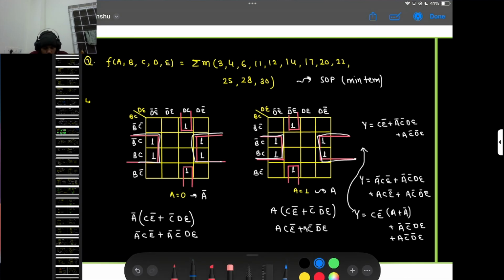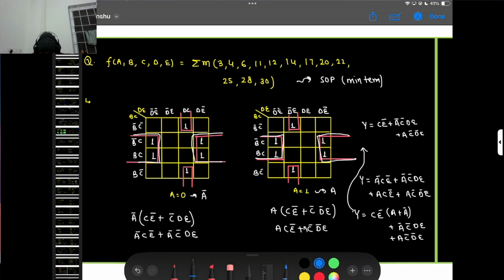Here is my function of A B C D E, summation of m equal to 3, 4, 6, 11, 12, 14, 17, 20, 22, 25, 28, 30. So SOP is basically sum of product of minterms. Here we take A equal to 0, then we do the BCD.